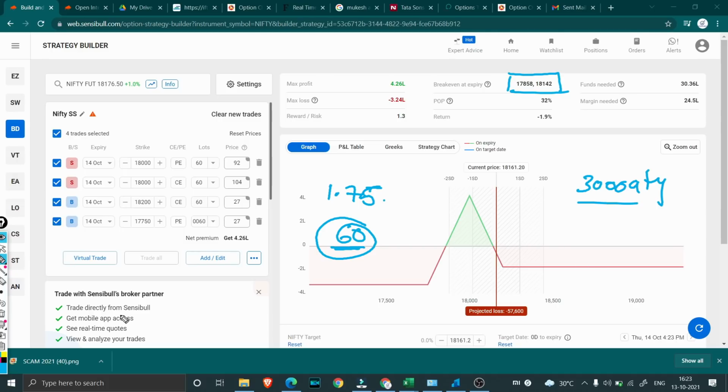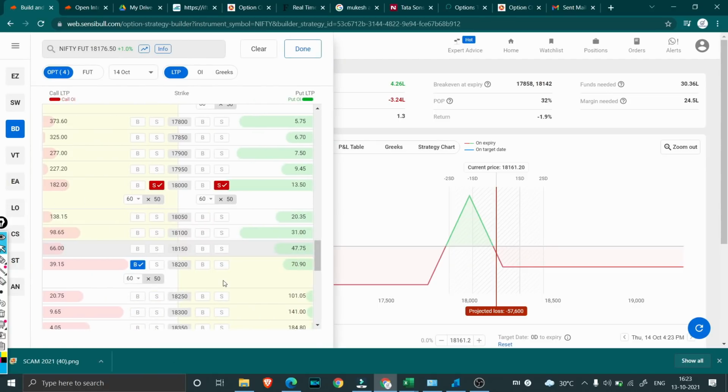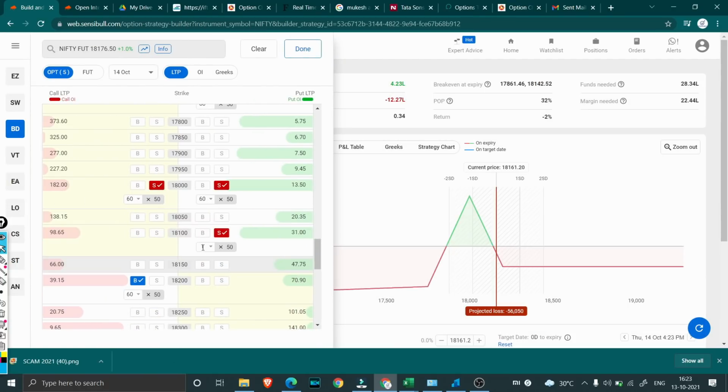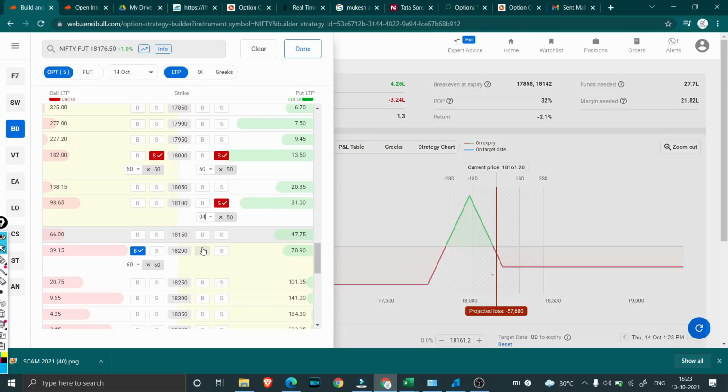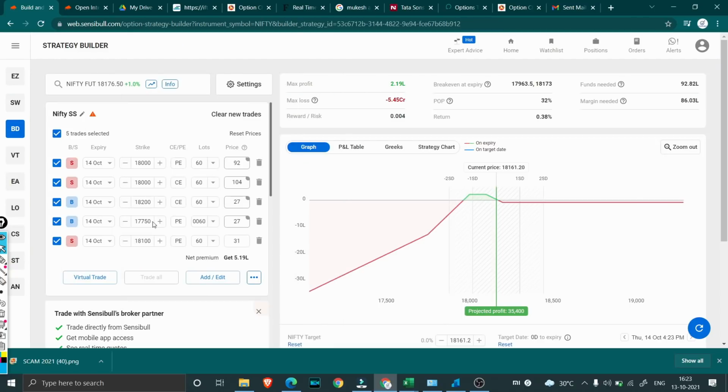So how did I collect this additional 60 points? Today in the afternoon, when markets were looking quite strong, I shorted 18,100 puts at a rate of 45. Let me just check that. You can see it's actually sold at 44.